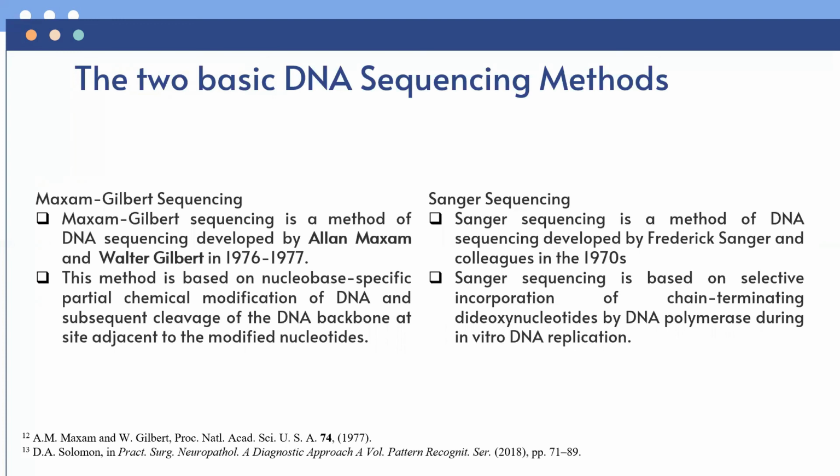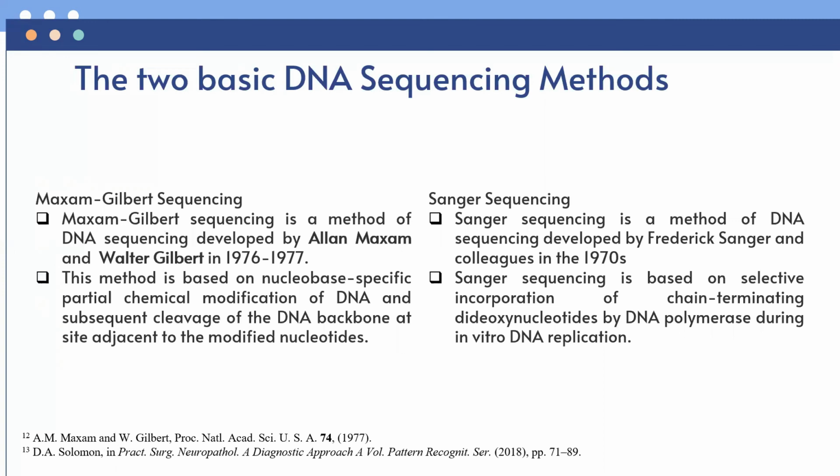The main difference is that Maxam-Gilbert sequencing is the chemical method of DNA sequencing based on the nucleobase-specific partial chemical modification of DNA and subsequent cleavage of the DNA backbone at sites adjacent to the modified nucleotide.